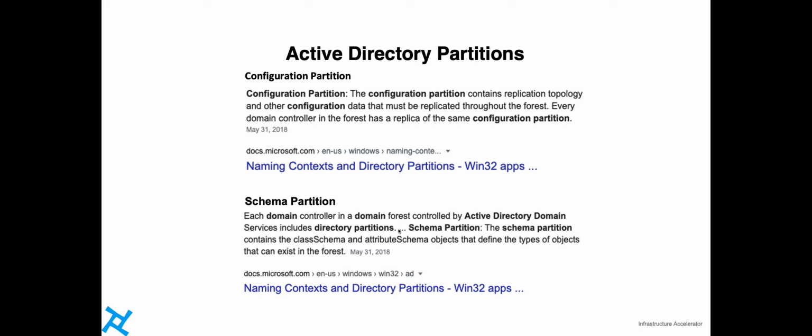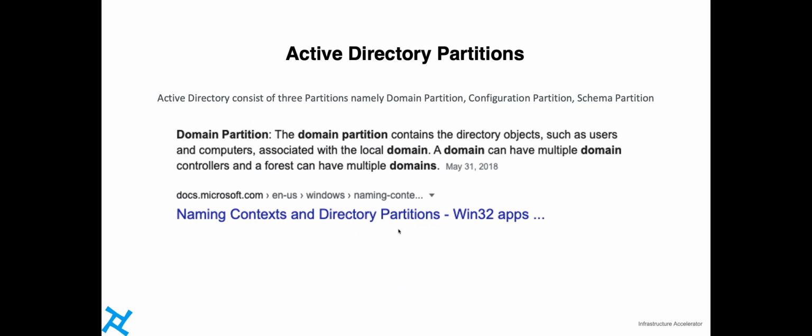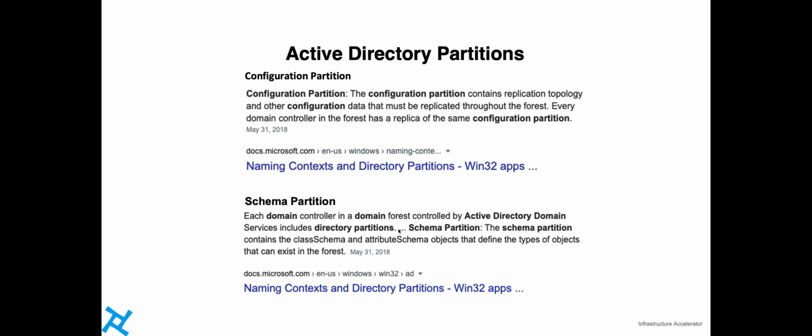So in terms of the snap-ins which we have looked at, Active Directory Sites and Services gets stored in the configuration partition. Active Directory Domains probably gets stored here, or it has relationships in all three partitions actually. Users and Computers, all that information gets stored in the domain partition.